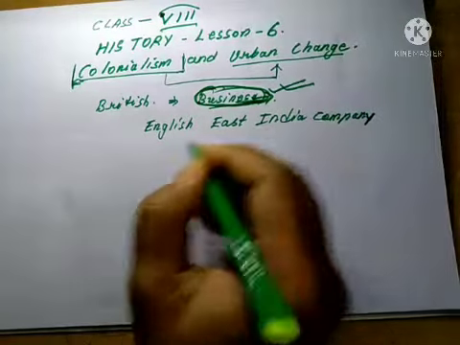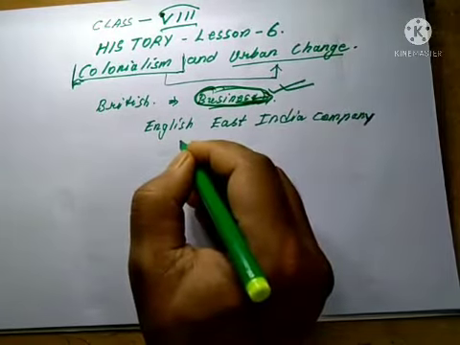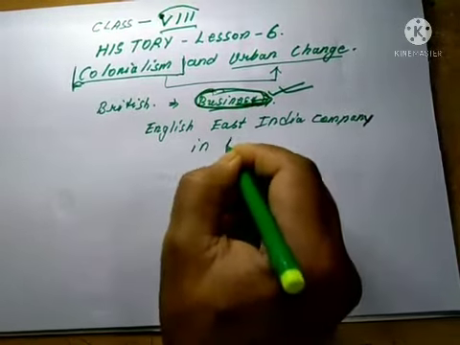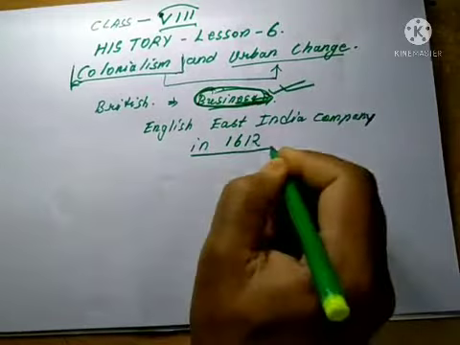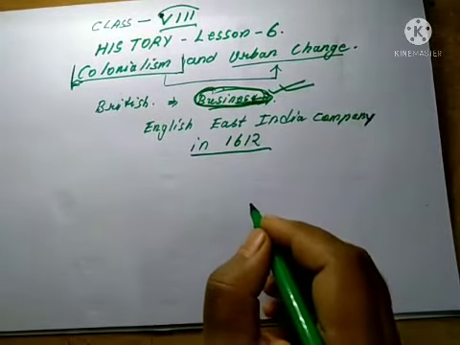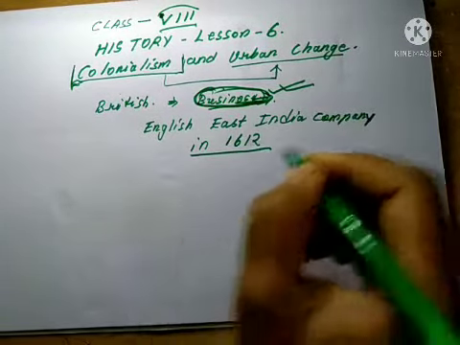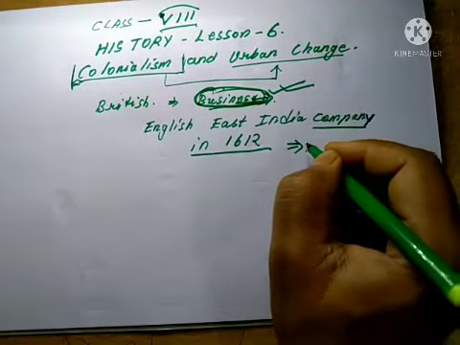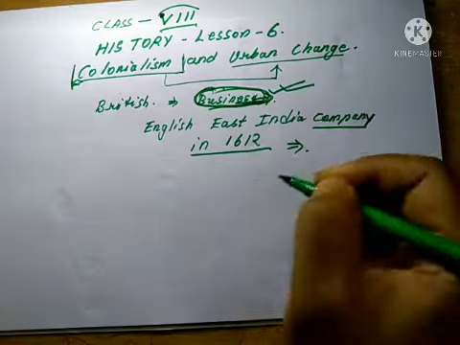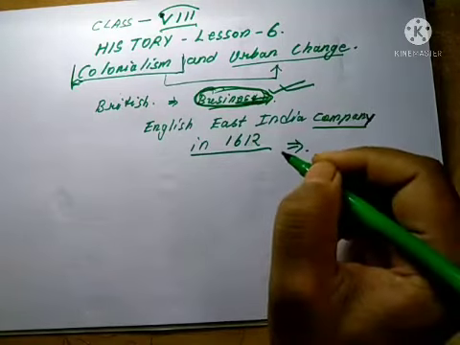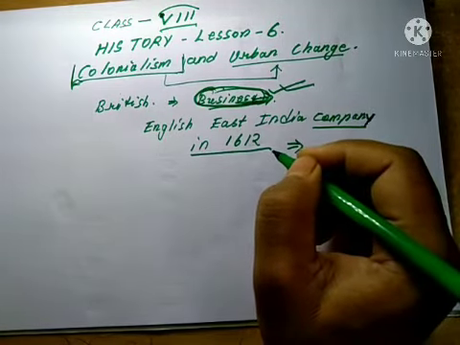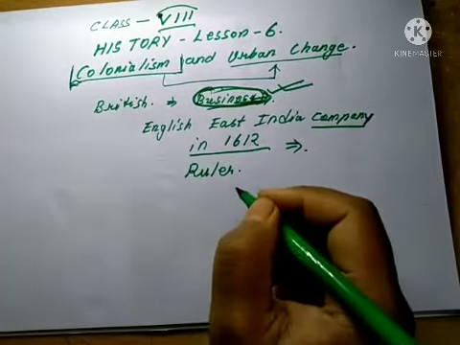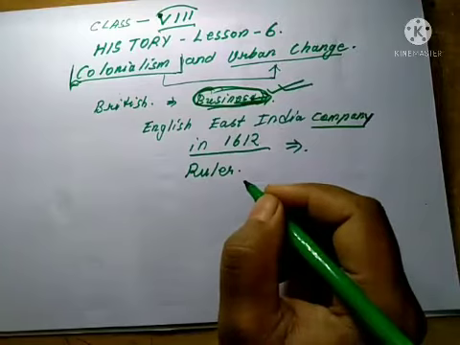So this English East India Company first settled their permanent factory in India in 1612, about 400 years ago. And as it started its company for doing business, they started to acquire political and economic control gradually and became the ruler of India.